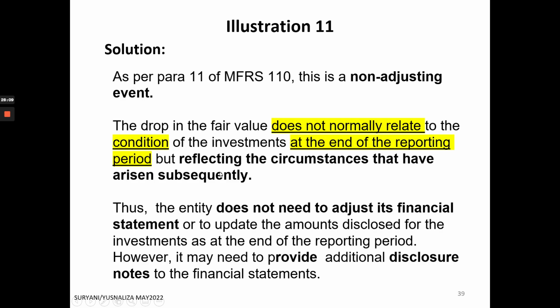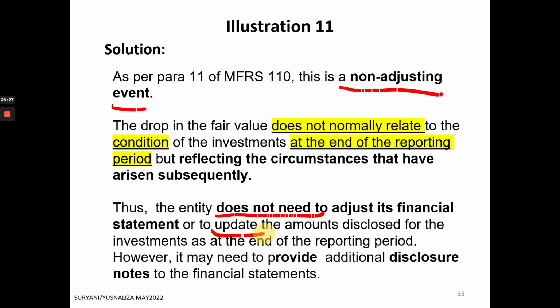The last part is whether the company needs to adjust the financial statements. Here there is no need to adjust, so there is no accounting treatment in terms of debit and credit for a non-adjusting event.